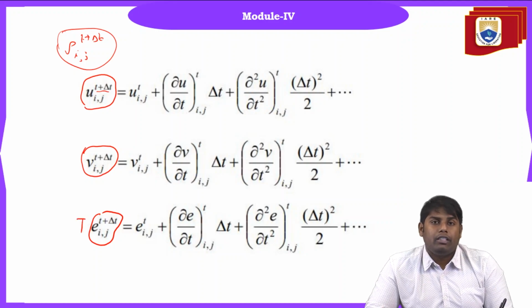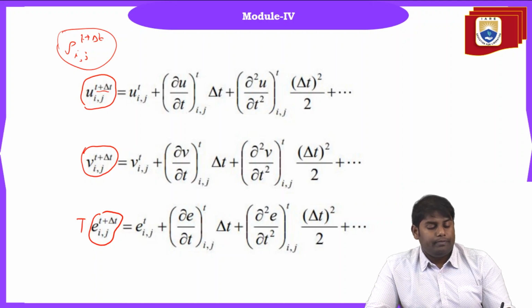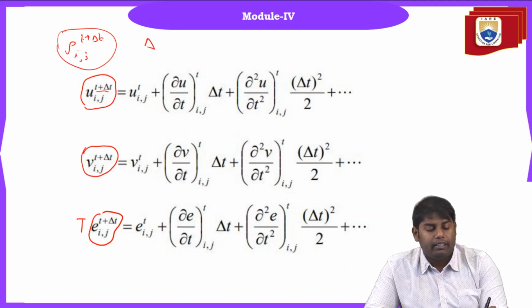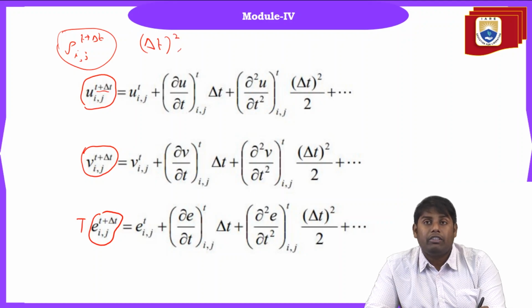Now why are we doing this? In order to get higher order accuracy values. The Lax Wendroff technique has an order of accuracy of delta t square and delta x square. Fine.